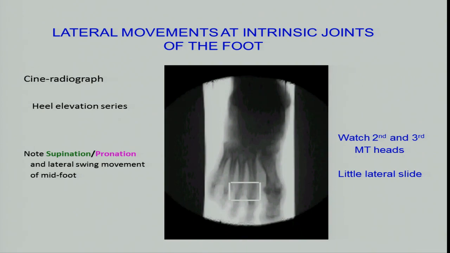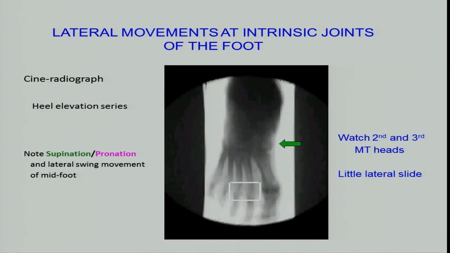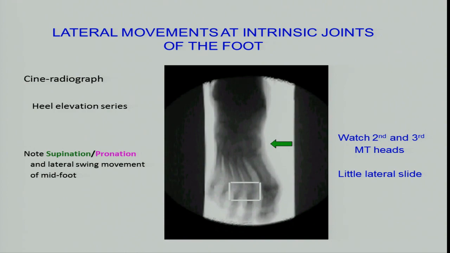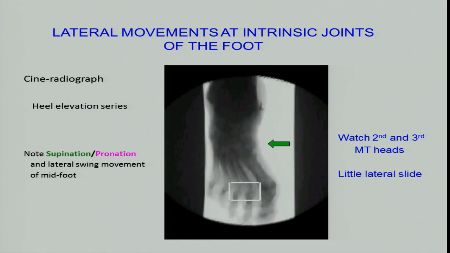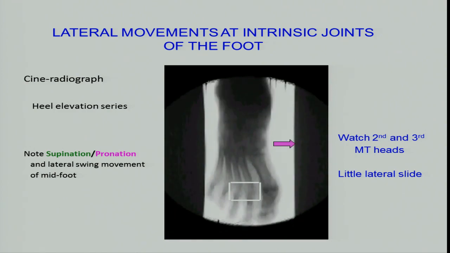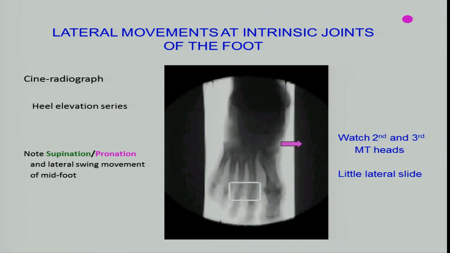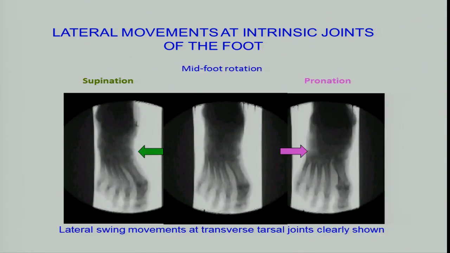But the second and third metatarsal heads hardly move at all. So it looked as though Hicks's metatarsal twist was actually quite genuine, and that we could twist over and just have the outer metatarsal heads weight bearing and come medially and have them all.